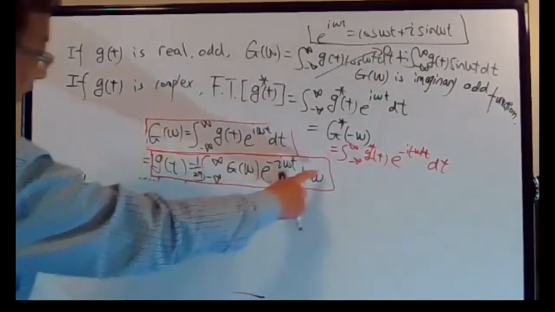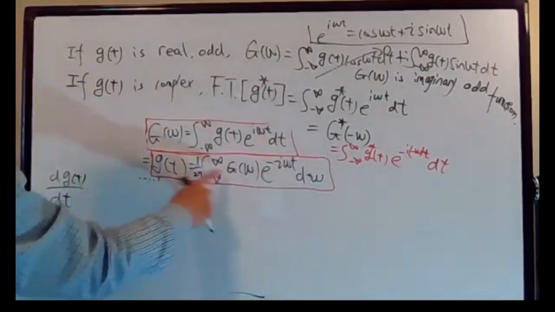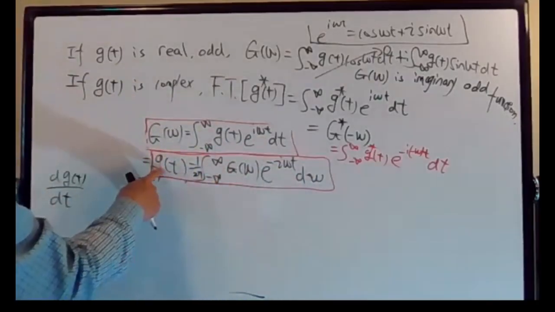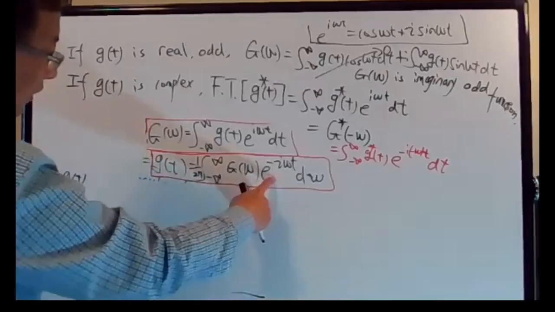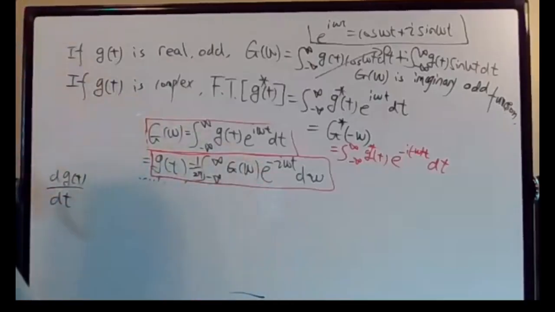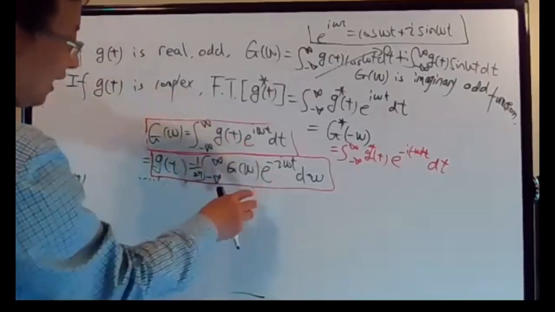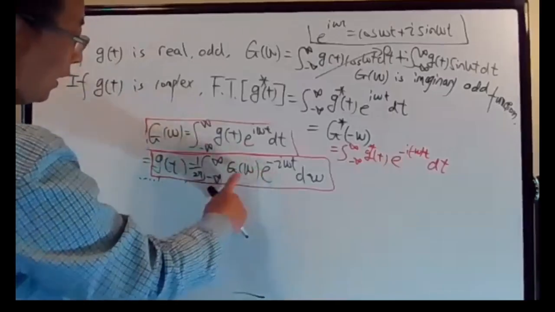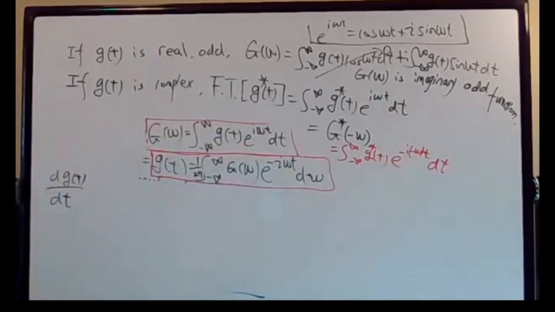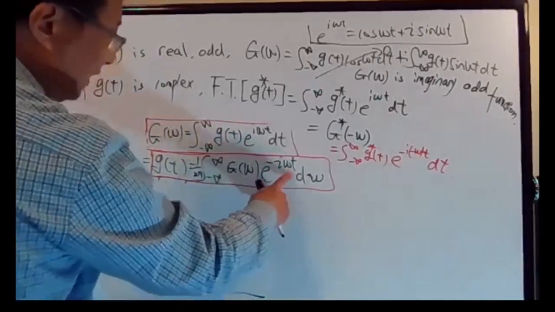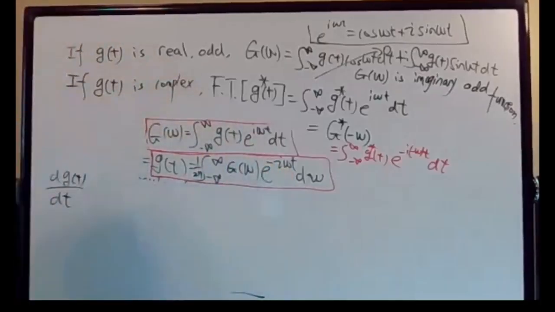So let us use this equation, the inverse Fourier transform, and take a derivative here of g(t) with respect to t. Then we will take a derivative on the right-hand side too. On the right-hand side, there is only one term with a t, the exponential of negative i omega t.